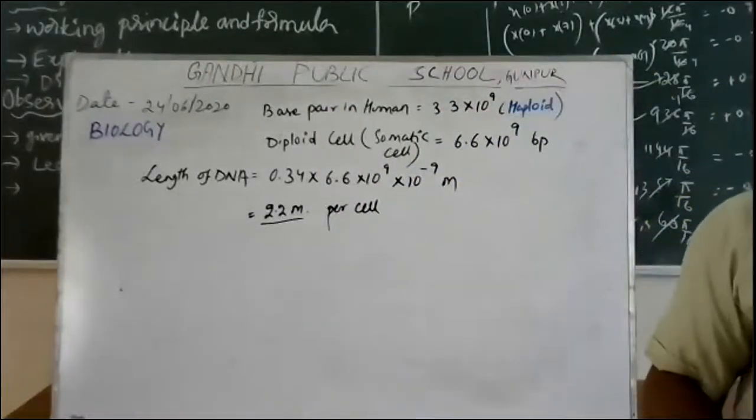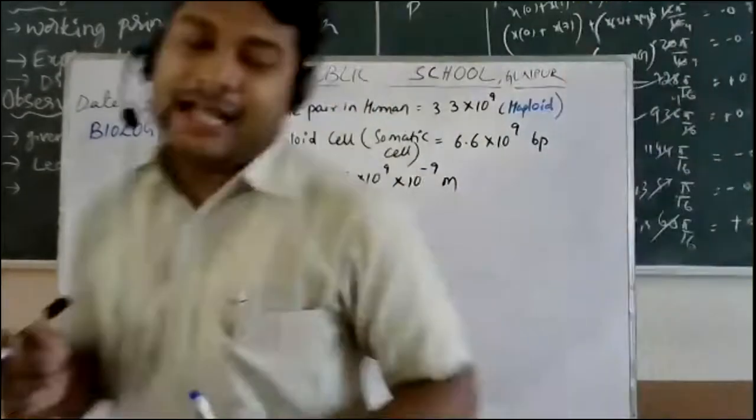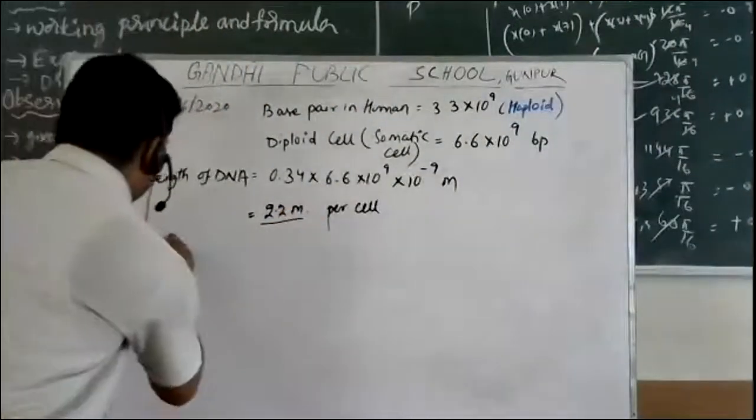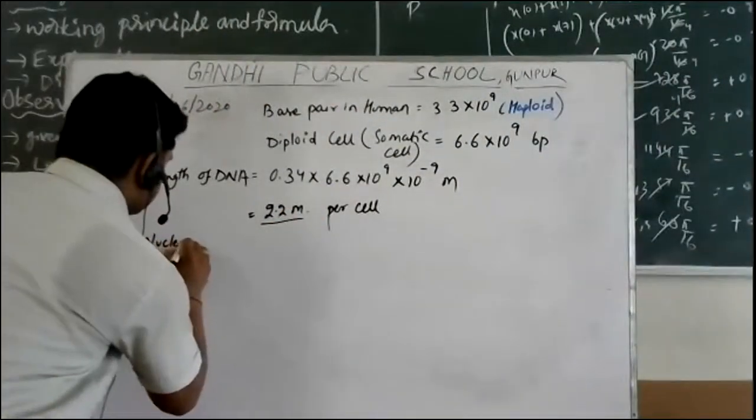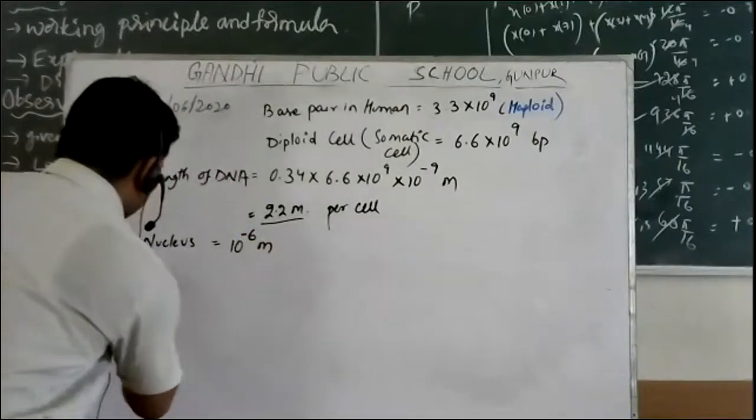Inside the cell we have the nucleus, and a typical nucleus has a dimension of around 10 to the power minus 6 meter.